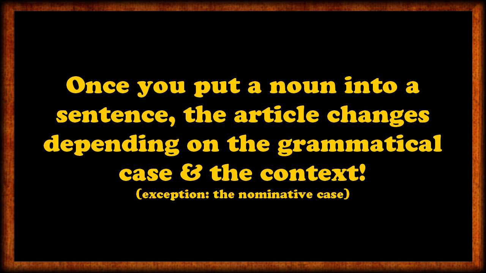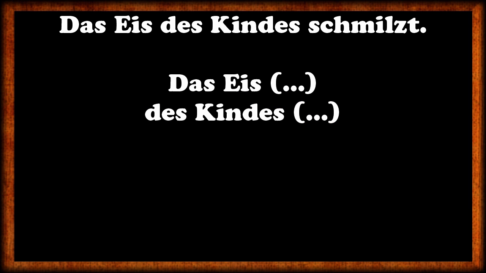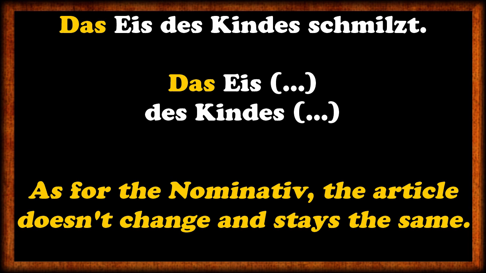To cut this short and to come back to the initial question of this lesson, in the first sentence, das refers to the nominative case, to the German Nominativ. In this case, the article doesn't change. It remains the standard article.